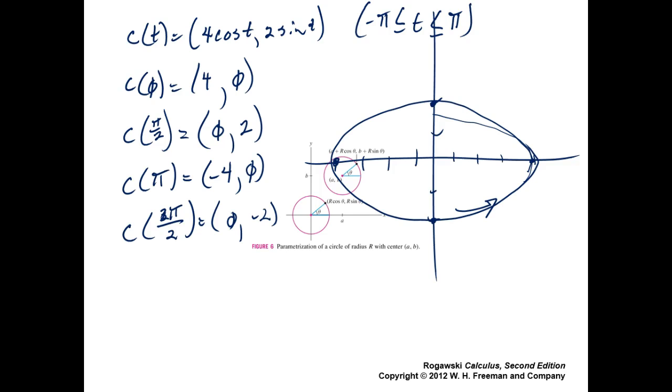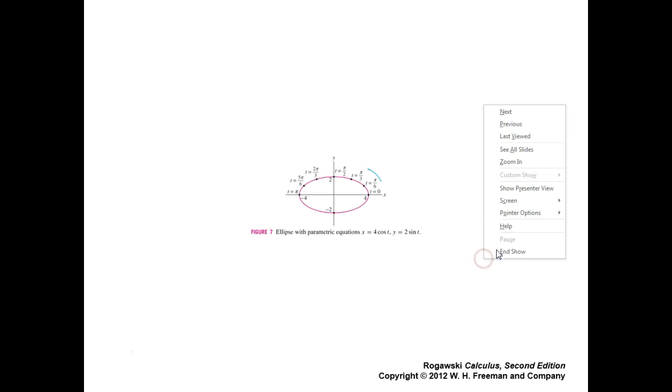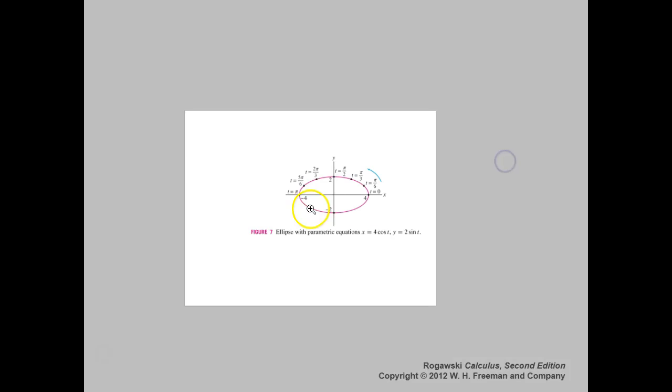Oh, no. Did I go backward somewhere? Wow. That was back at equation 5. I didn't advance very well there. Ah, there's our ellipse that we were just doing. I'm sorry I didn't get it on the right thing.